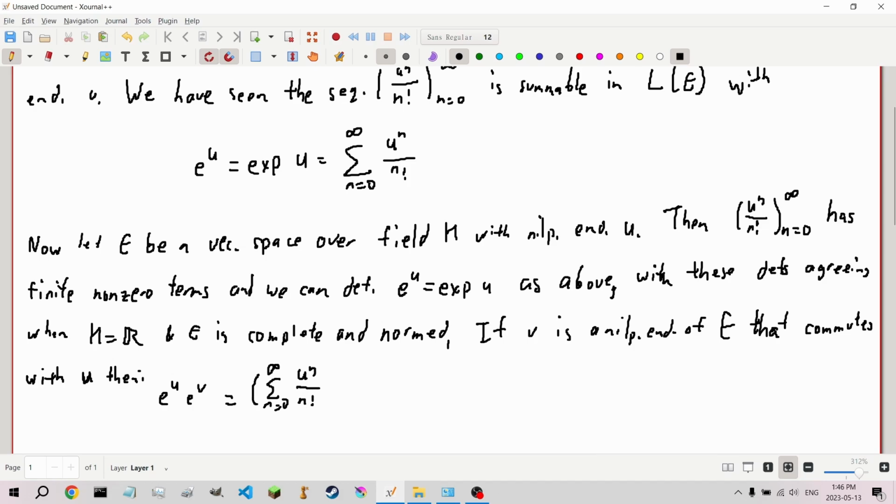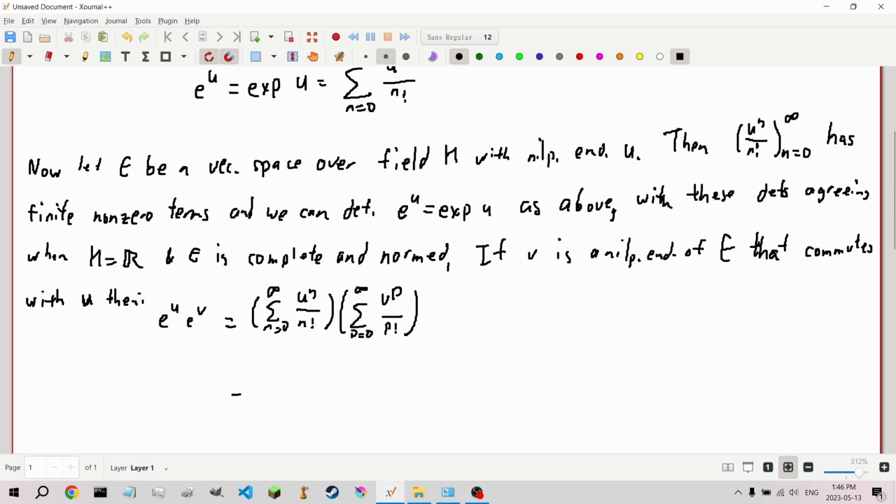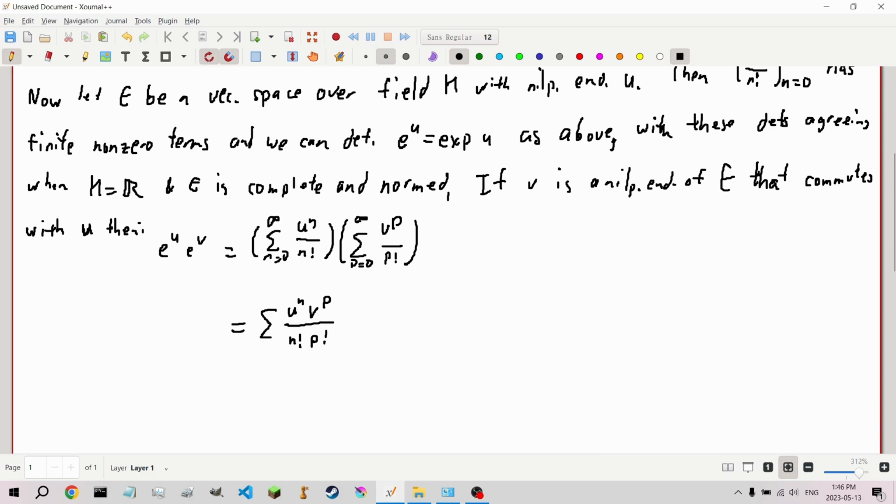We basically have to, as sums, and then we can sum over both, just multiply them component-wise, over n factorial p factorial, which is equal to the sum. This is over n and p in the way you'd expect.